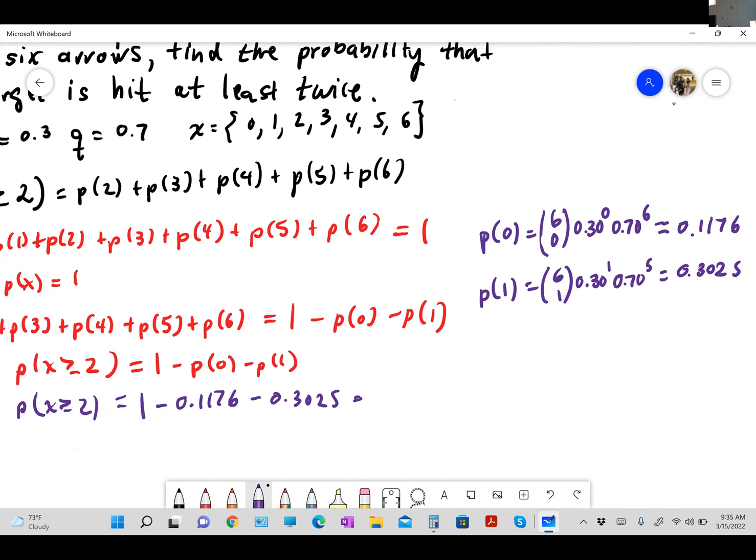I'm going to keep it in memory here so it works out the same way. So it's 0.5798. That's 1 minus 0.1176 minus 0.3025. Now, when I do it on my calculator, what answer does the book give? Because when I don't round, it gives me a different answer after I round.